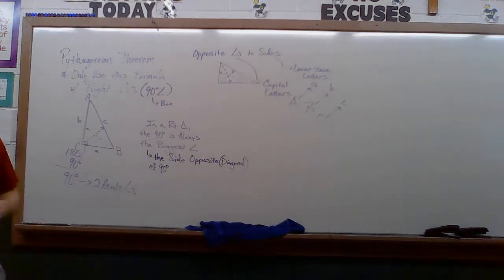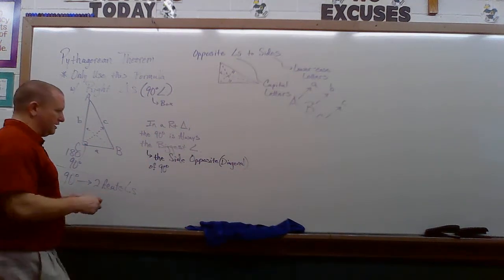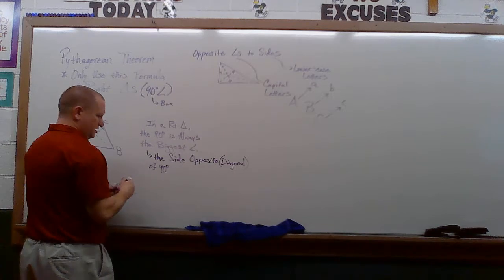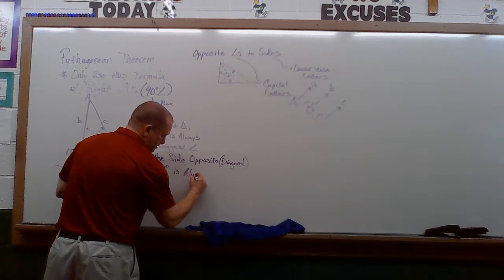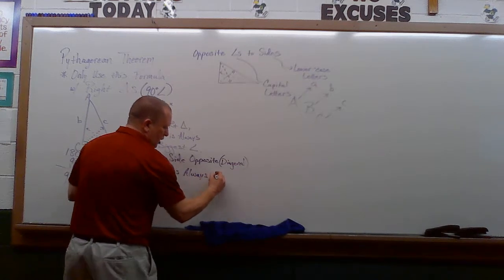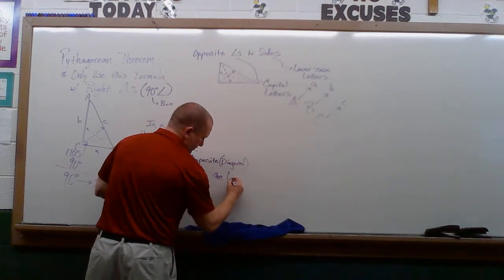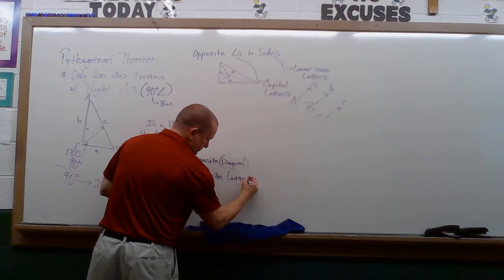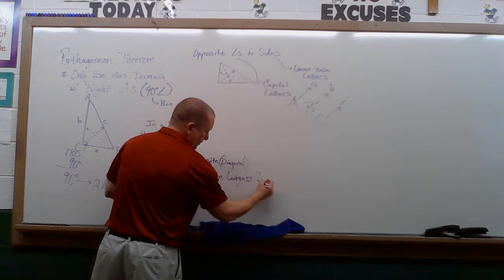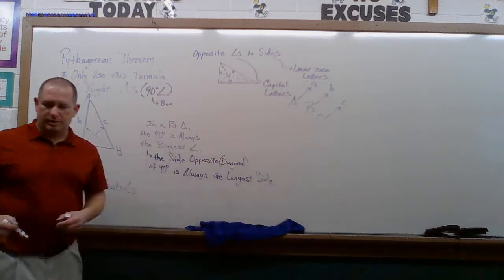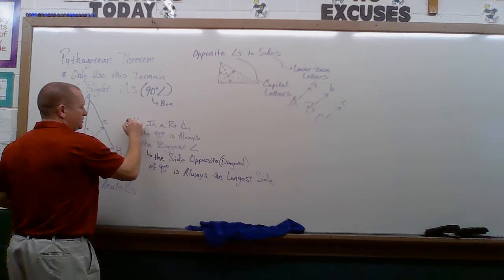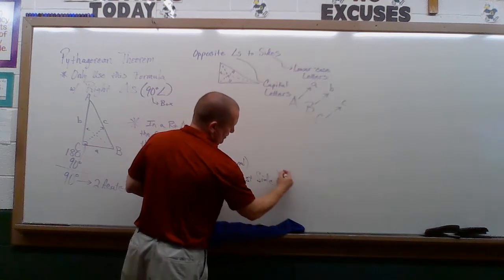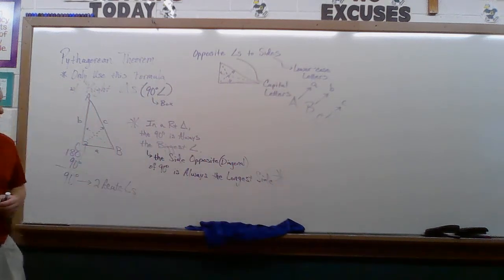However you want to think about it, or your melon kind of thinks about it, is always the longest side. Markers are really sweet. Okay? So again, this is a really big concept right here too. Put big stars around that because that's really important.